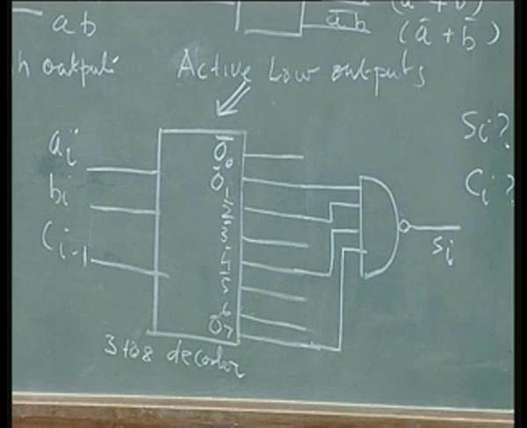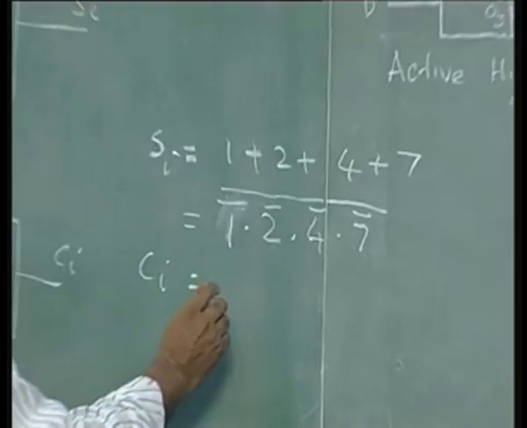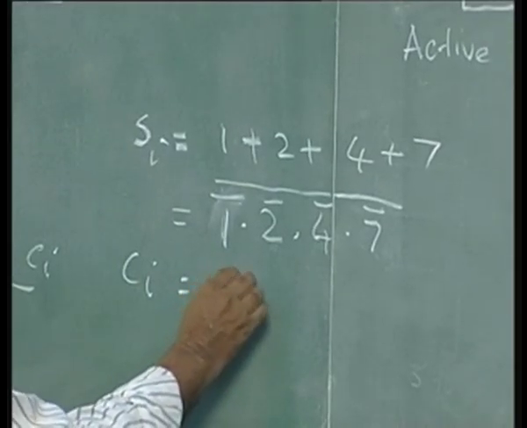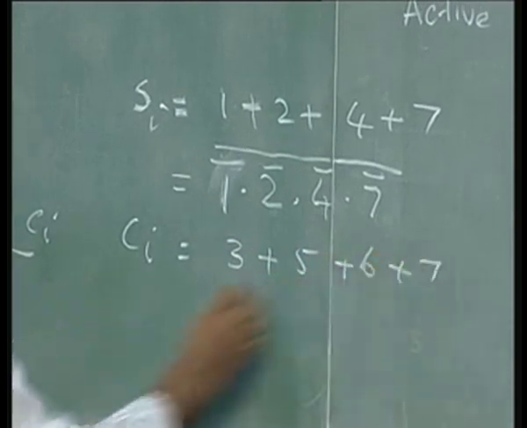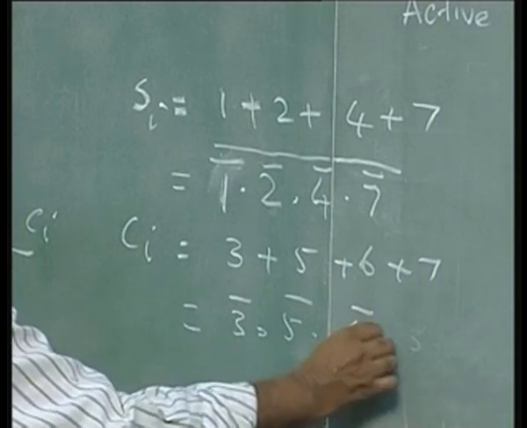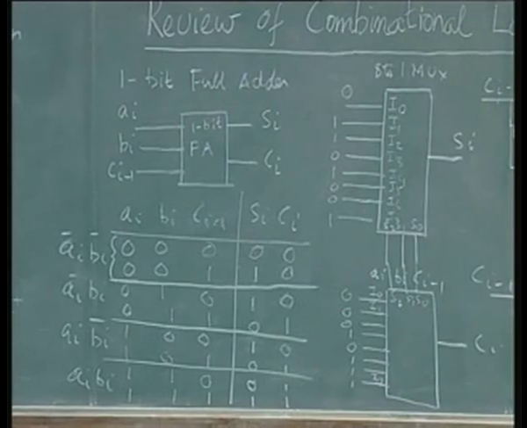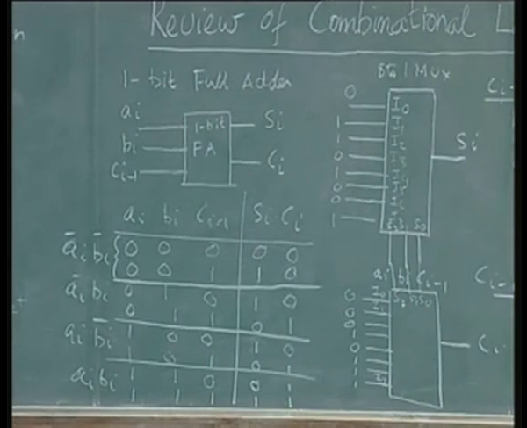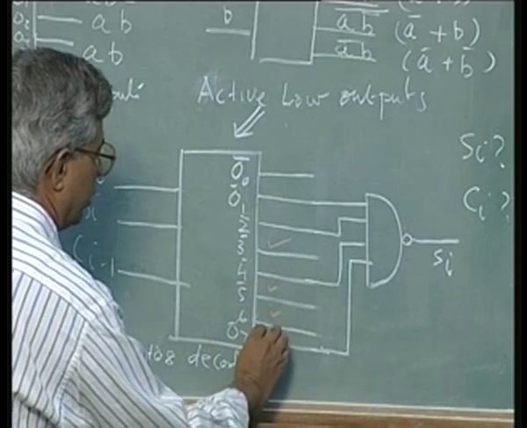Likewise, my carry would be 3 or 5 or 6 or 7, which is the same as writing 3 bar and 5 bar and 6 bar and 7 bar, whole bar, which is equivalent to saying now 3 bar, 5 bar, 6 bar, 7 bar.